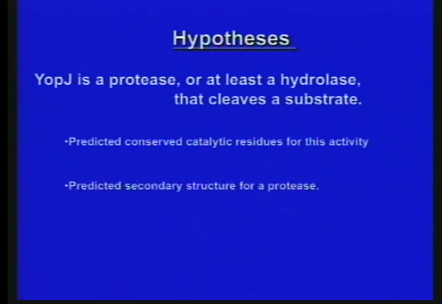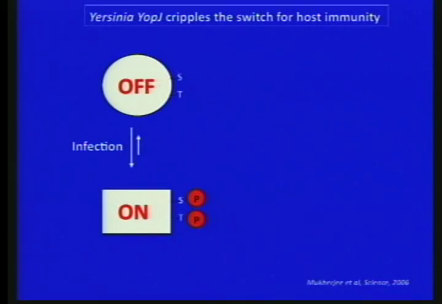And so we went on this hypothesis, and we started asking, well, what types of things does Yop-J do when we put it into cells? And what we discovered, for the biochemists and cell biologists in the audience, is that this one molecule, when it's injected into cells, can block every single MAP kinase signaling pathway and the NF-kappa B pathway.